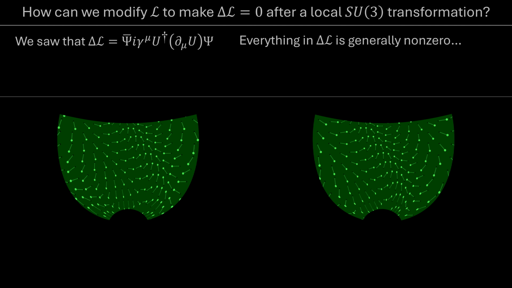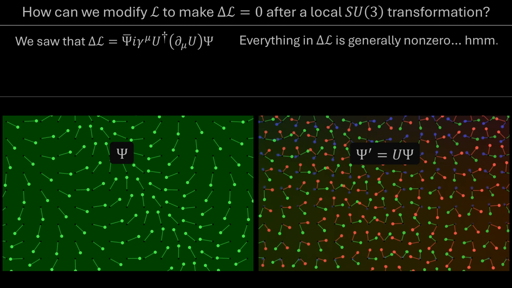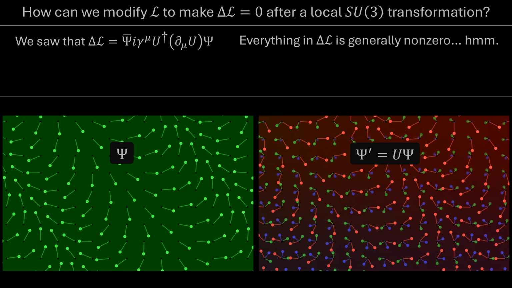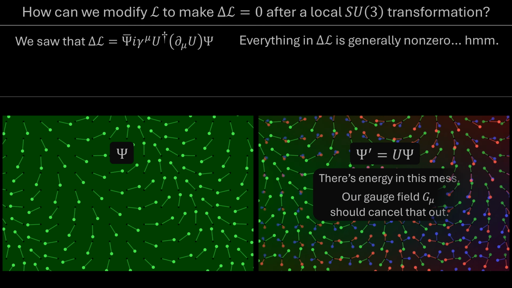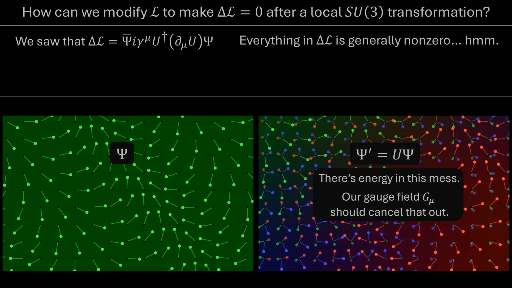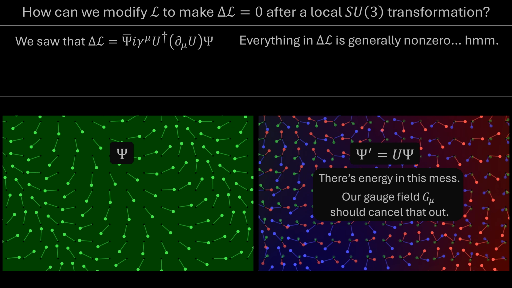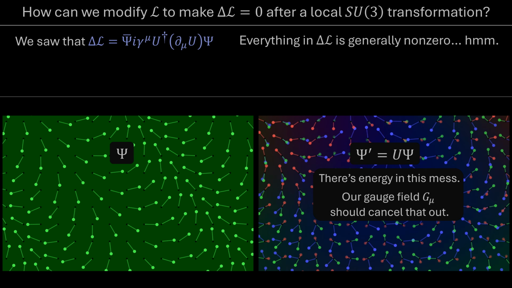That actually does make sense when you think about the fact that a local SU3 transformation is going to make all kinds of a mess in our wave function, because we're changing what we mean by color at different amounts and different points of space and time, and so there's going to be all kinds of gradients and all that sort of thing. And the energy pertaining to that mess is encoded in this non-zero delta L term.